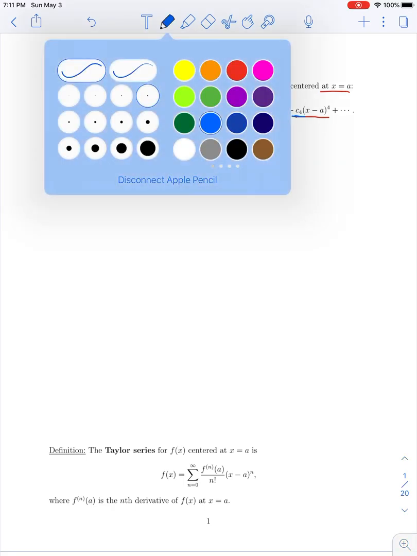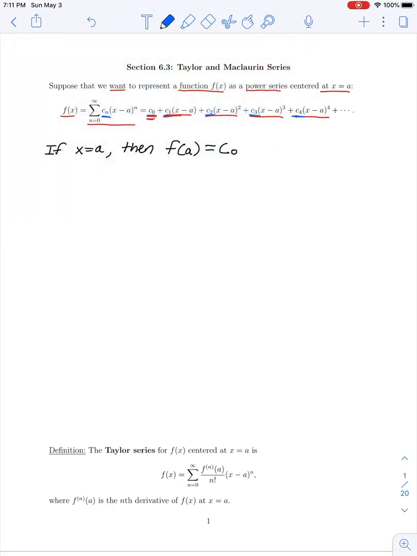And then each other term following this involves some power of x minus a. Say x minus a to the first, x minus a squared, x minus a cubed, and so on. So when we plug in x equals a, all of these terms become 0. And we're left with just c naught. So here we have solved for our first coefficient. c naught is equal to the value of our function at x equals a, whatever value we want our power series centered about.